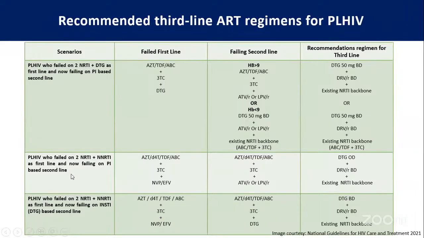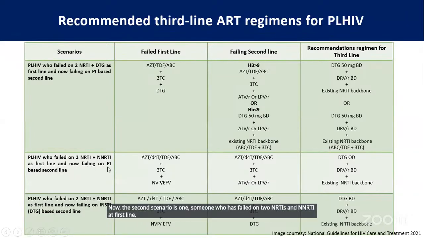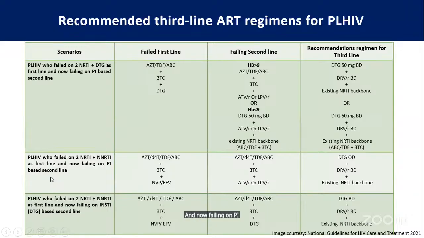Now, the second scenario is someone who has failed on 2 NRTI and NNRTI at first line and is now failing on a PI-based second line. So ZLN or TLN or SLN or ALN or ALE or ZLE or TLE, etc. These used to be our older regimens.